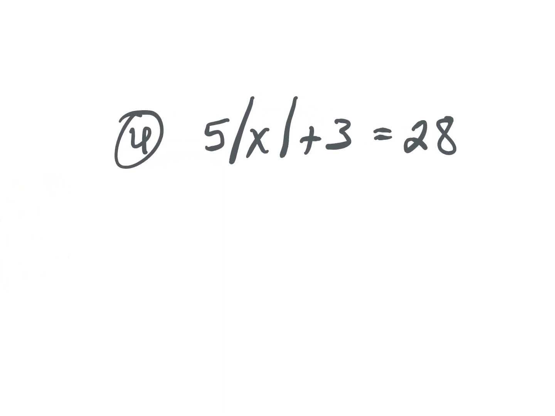So our first step is to always isolate the absolute value. We want to get that all by itself on one side of the equation. So what would I have to do first here? Subtract 3. We need to get the absolute value all by itself. So we have 5 times the absolute value of x is equal to 25. Then what? Divide by 5.